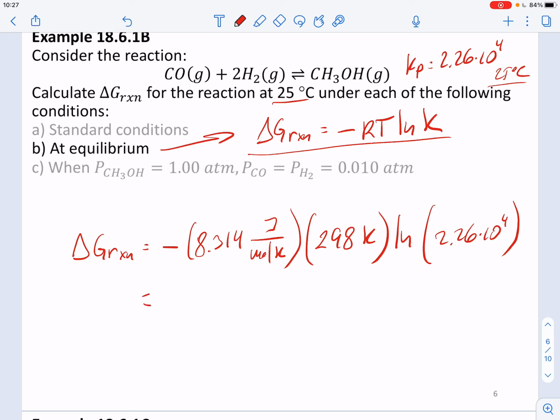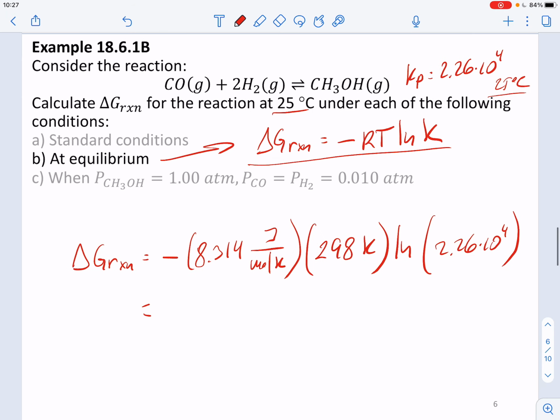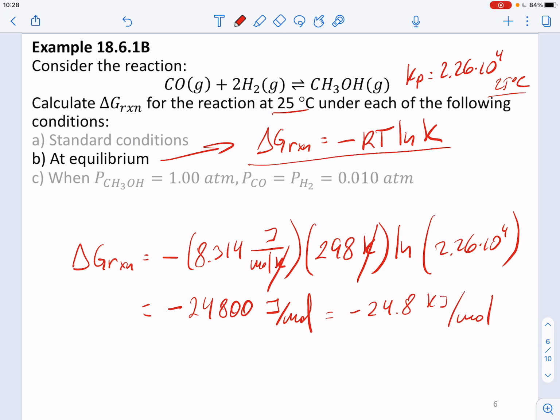Okay, so under equilibrium conditions, then the delta G is going to be equal to, remember, you cancel Kelvin with Kelvin, and you will obtain about minus 24,800 joules per mole, which is pretty much minus 24.8 kilojoules per mole.